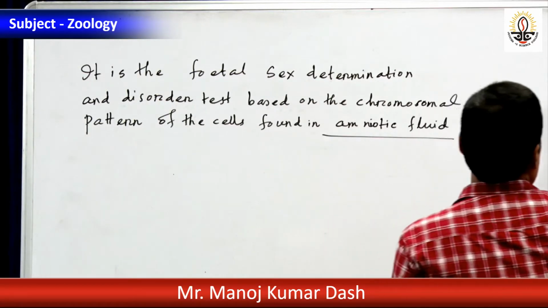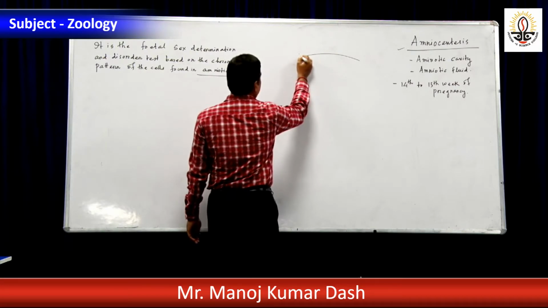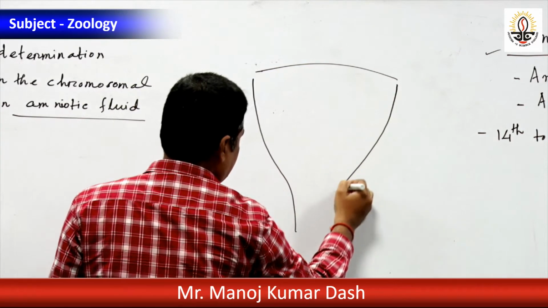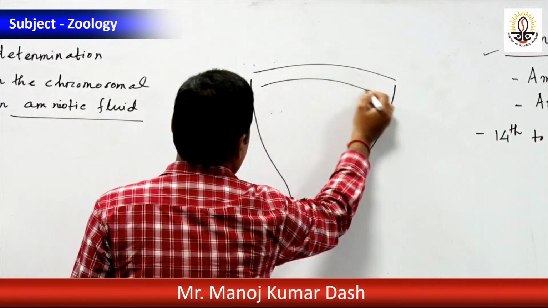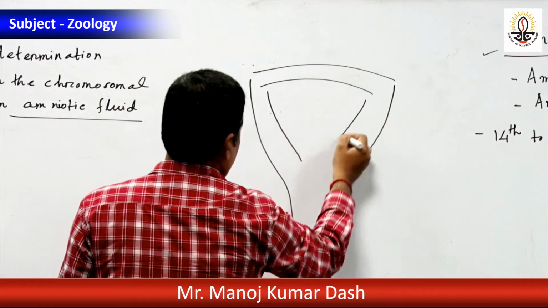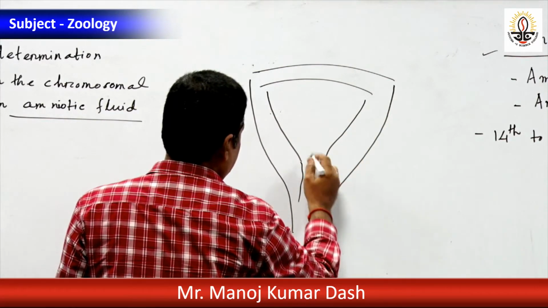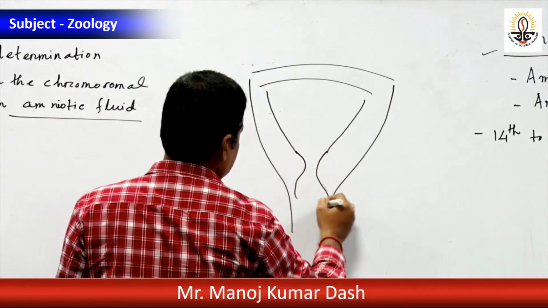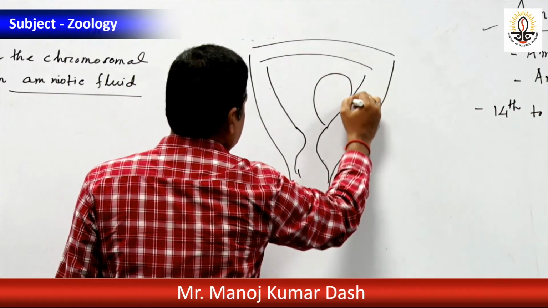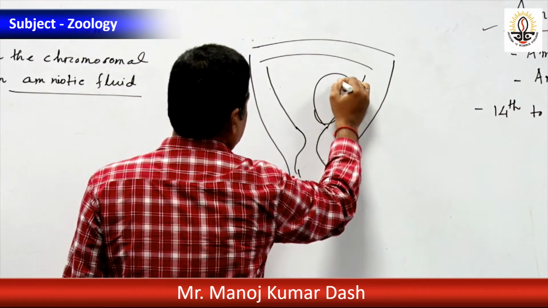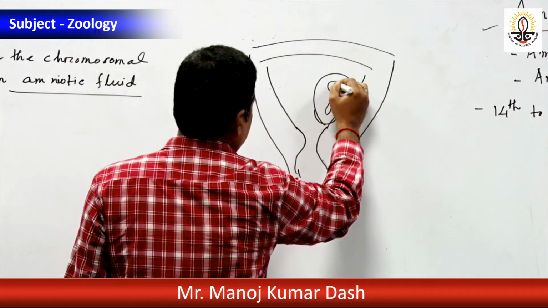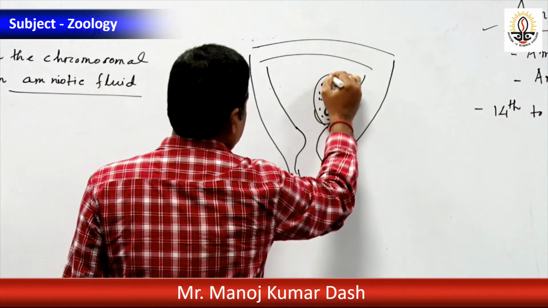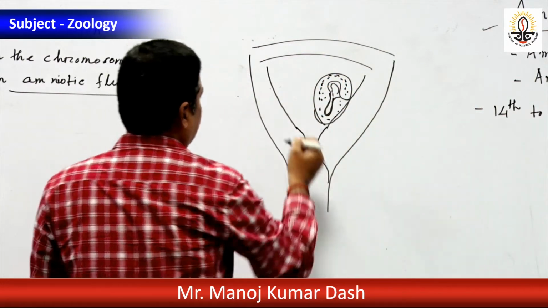Look at the diagram. Suppose this is the uterus, the uterine cavity, and within the uterine cavity the fetus is growing. The fetus is surrounded by amniotic fluid.